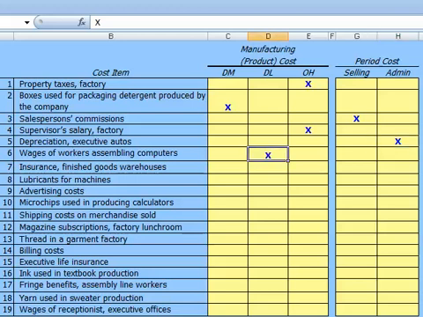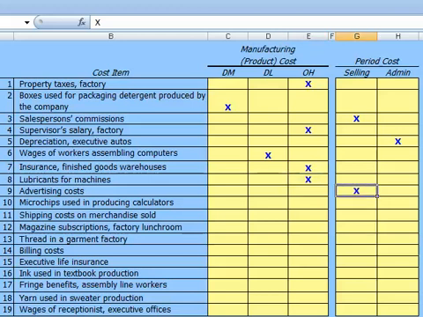The wages of workers assembling the computers would be direct labor, since these employees are actually physically touching and making our product. Insurance on our finished goods warehouse would be a manufacturing overhead cost. Lubricants for machines in our factory would be manufacturing overhead costs.